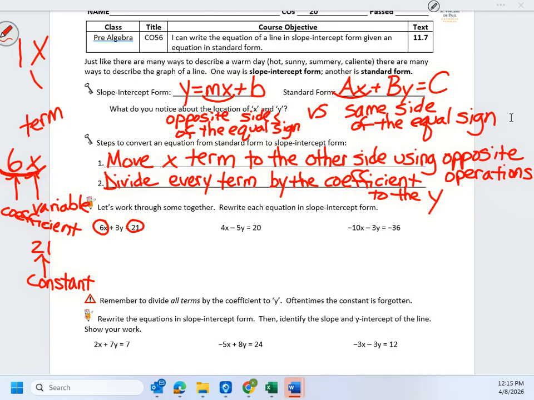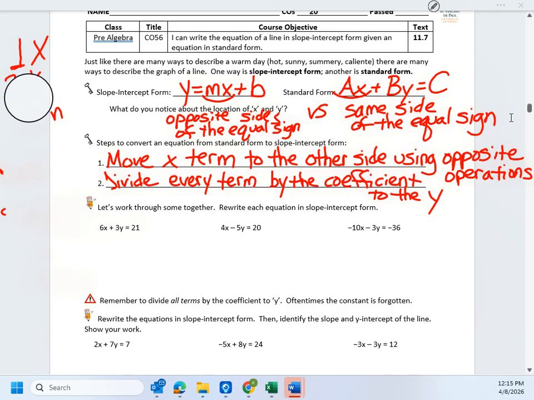If we don't see it, we know that it's a 1. If we do see it, it's whatever number is there. Those parts make sense? Just want to make sure we're understanding these vocab words they're throwing at us. So let's see how we do this.